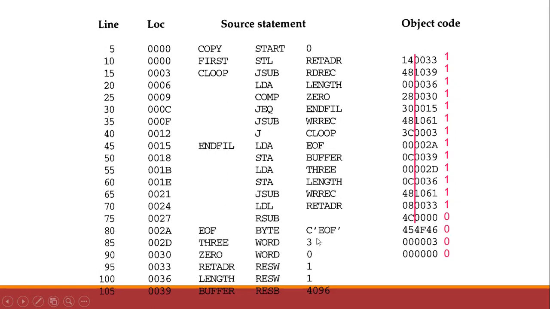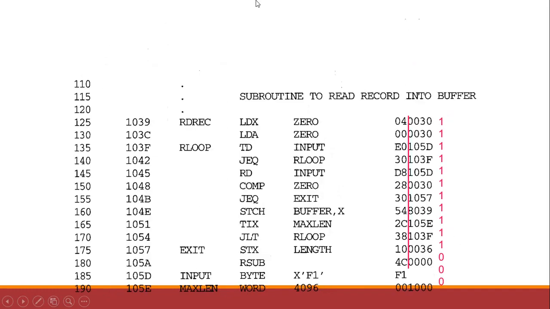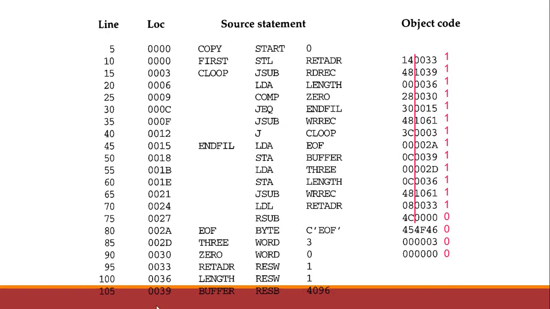The next one, line number 80, is a constant. This is not related to the starting address, so the modification bit will be 0. And this again is a constant, so 0, 0. Then continuing in RDREC also, LDX ZERO is defined here.